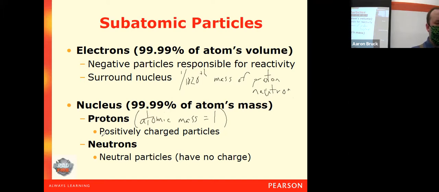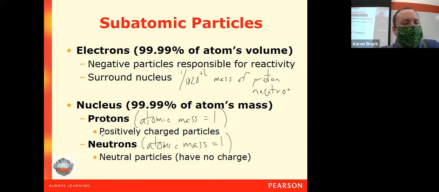Neutrons also have an atomic mass of 1. And they are neutral particles. They have no charge. So a neutron is technically slightly more massive than a proton is, but not enough to care about.